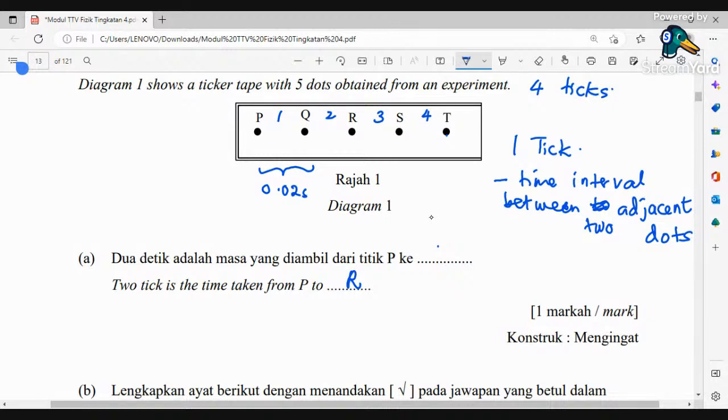The distance is the same and the time is the same. If you calculate V, you use the formula S divided by T. You will also get the same speed. From P to Q, same as Q to R, same as R to S, same as S to T. It means from P to T, uniform speed or uniform velocity. Just look at the distance.